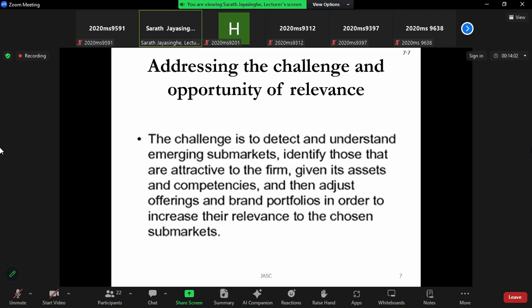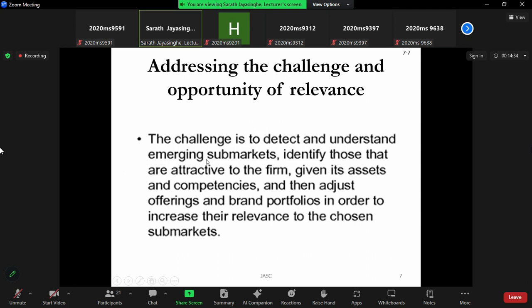The challenge is to detect and understand emerging sub-markets, identify those that are attractive to the firm given its assets and competencies, and then adjust offerings and brand portfolios in order to increase their relevance to the chosen sub-market. Relevance, right? So there may be markets, you can think about some market.